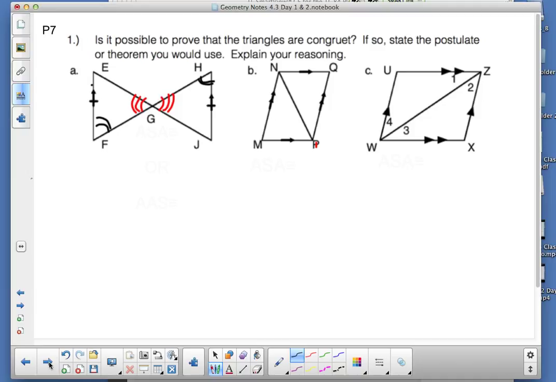And B, I have 2 sets of parallel sides with both of these. The reason I'm doing this is I need you to be aware of what angles are congruent with each set of parallel lines provided. So I have MP, let me get a different color because that's not very helpful. I have MP and NQ parallel.